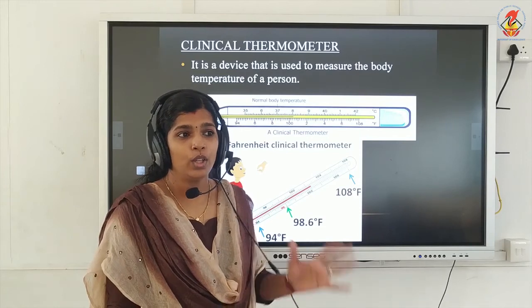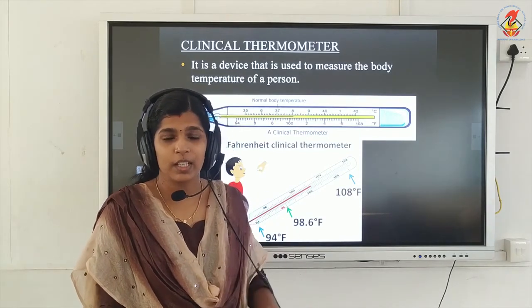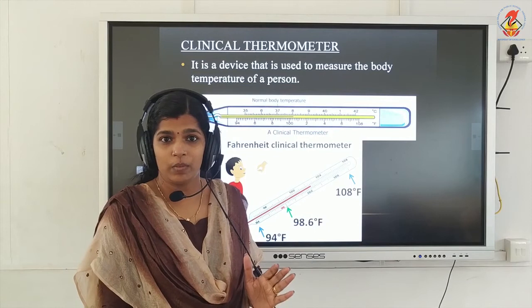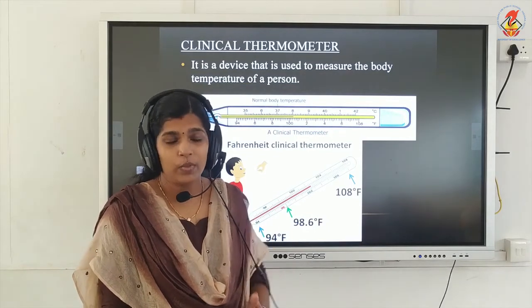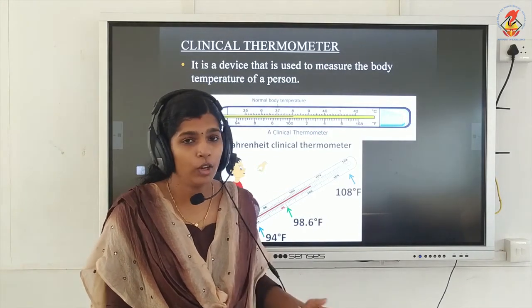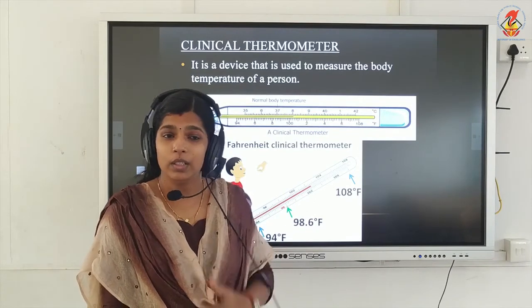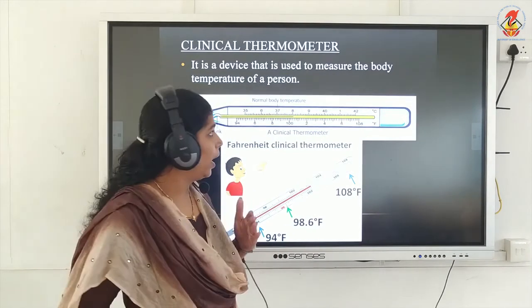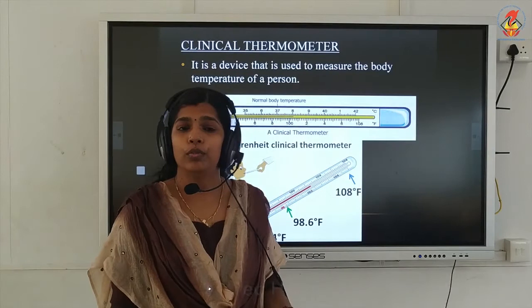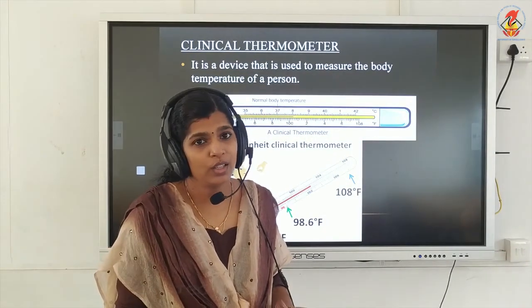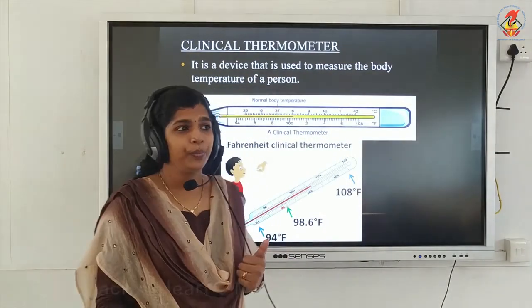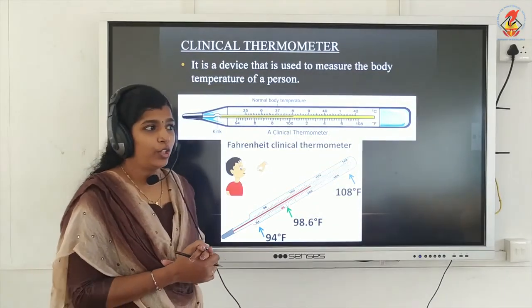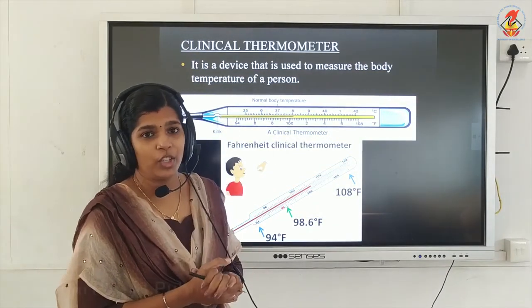So, the clinical thermometer is designed to measure human body temperature. The temperature of the human body will not go below 35 degrees Celsius or above 42 degrees Celsius. Normally the doctor or the nurse will check the temperature.